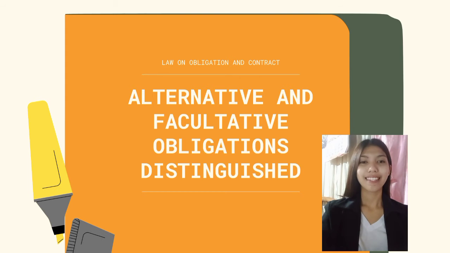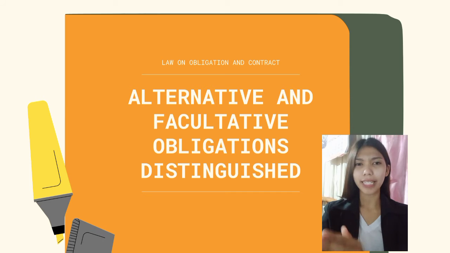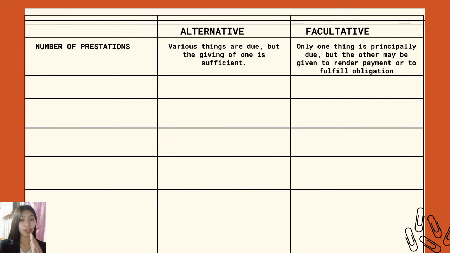So now, let's distinguish alternative obligation from facultative obligation. So in terms of the number of prestations, sa alternative obligation, there are various things or prestations are due, but the giving of one prestation is sufficient.